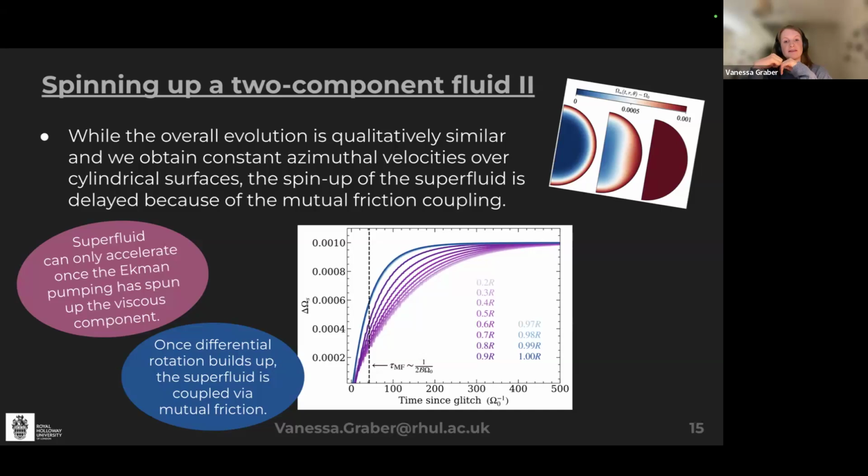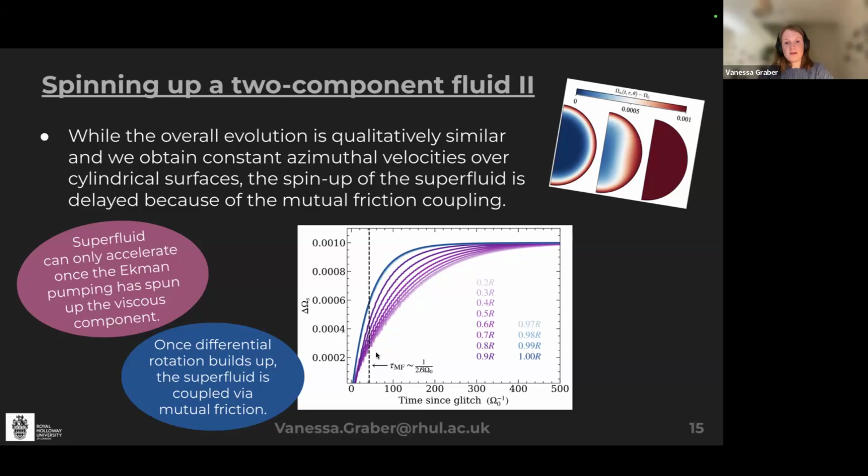Because of this, we have this delayed behavior, and it turns out that this mutual friction timescale that we typically assume is the relevant coupling timescale for the entire neutron star interior to react to the glitch really only works for the outermost layers, because of this delayed spin up between the boundary condition and the actual normal component.